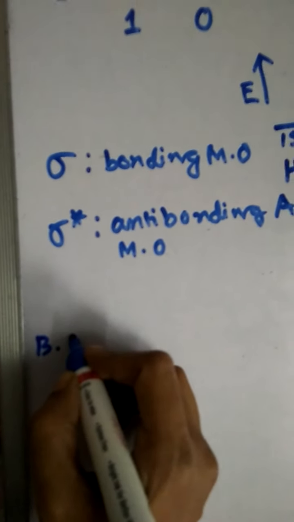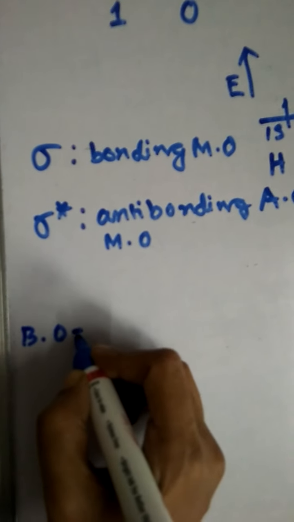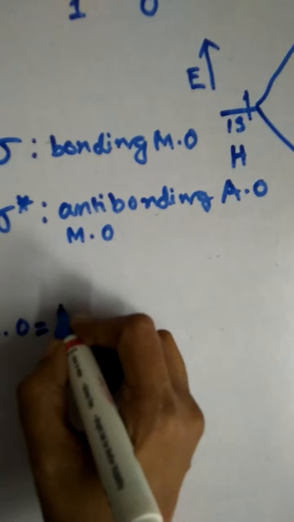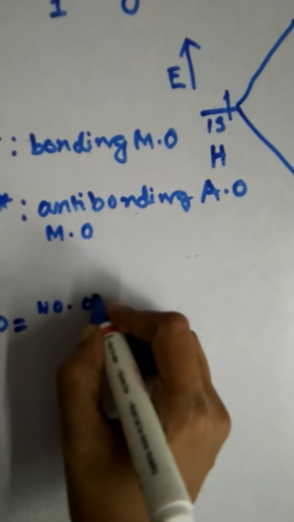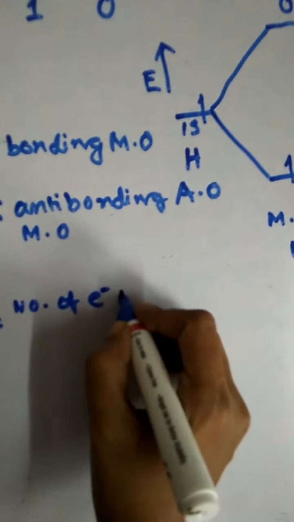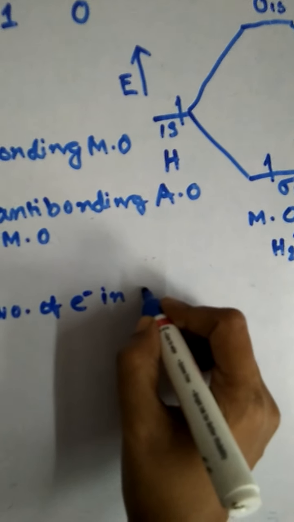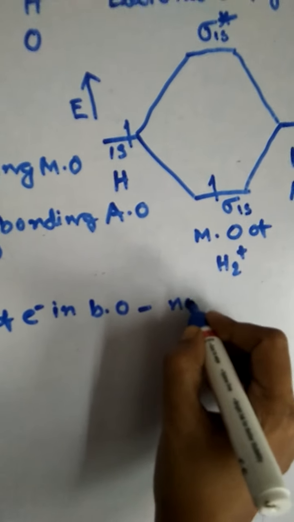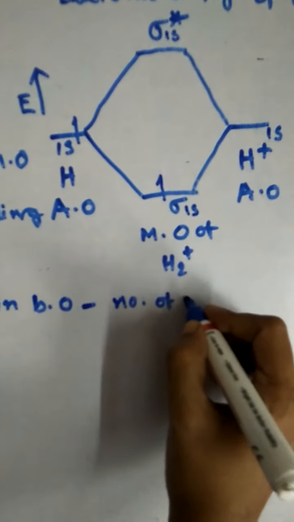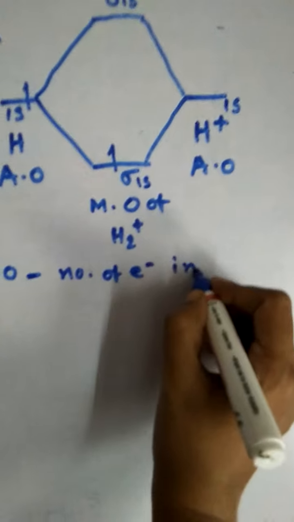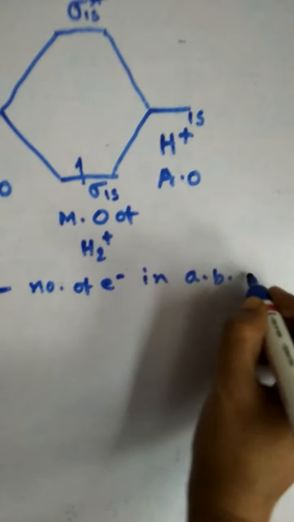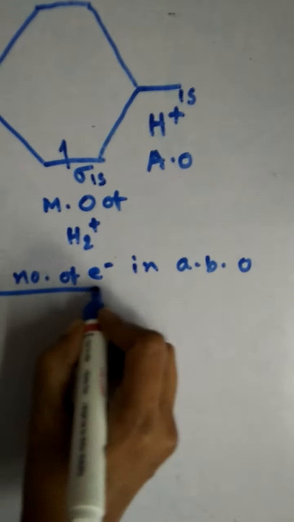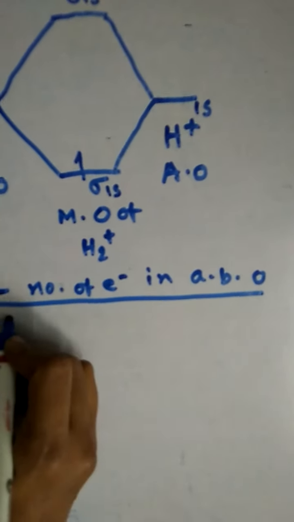Bond order is equal to the number of electrons in bonding orbital minus the number of electrons in antibonding orbital, divided by 2.